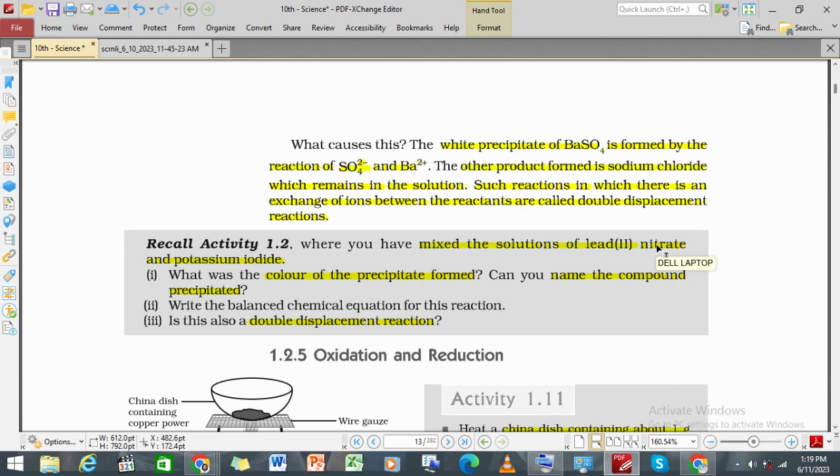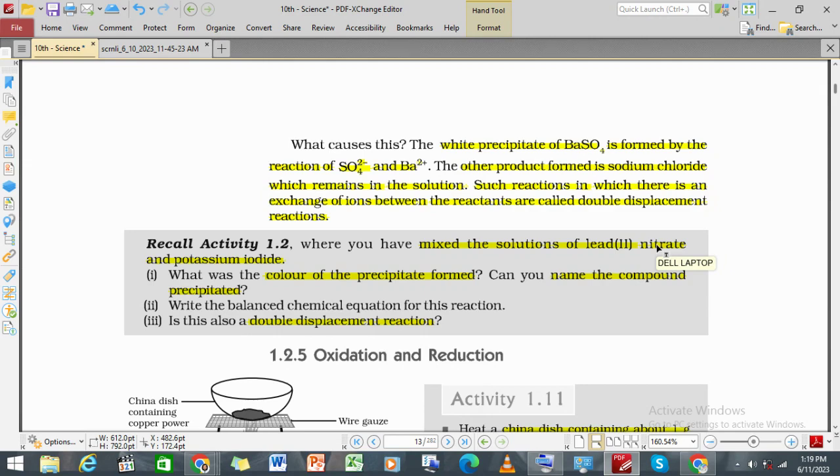Now, a white precipitate of barium sulfate is formed by the reaction of SO4 and barium 2 plus, and the other product formed is sodium chloride, which remains in the solution.